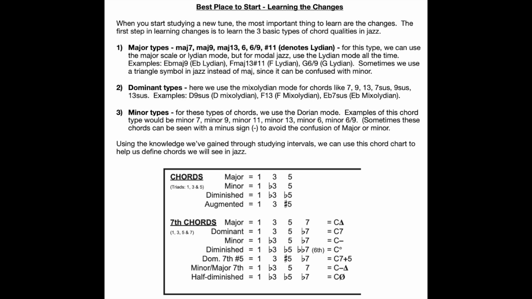And then finally, you want to use the Dorian mode for the minor type chords. The minor type chords are like minor 7, minor 9, minor 11, minor 13, minor 6/9, stuff like that. Those are implying the Dorian mode. I think the quickest way to get the Dorian mode is to use the major scale sheet again and flatten the 3rd and flatten the 7th.